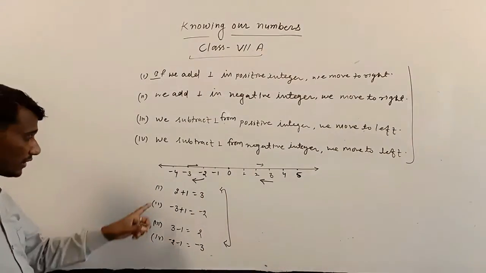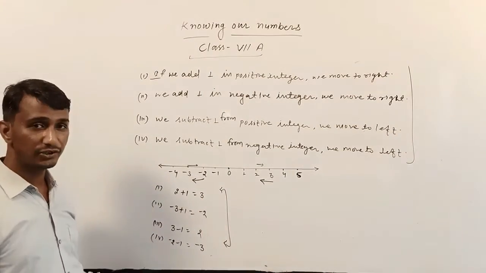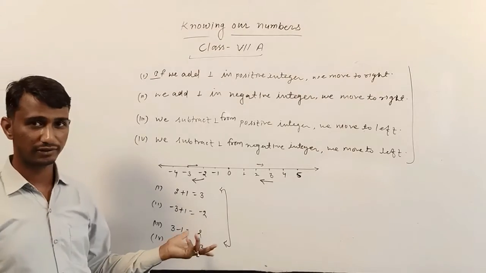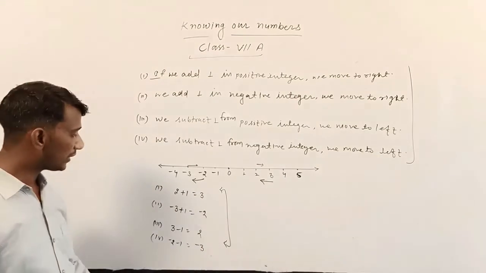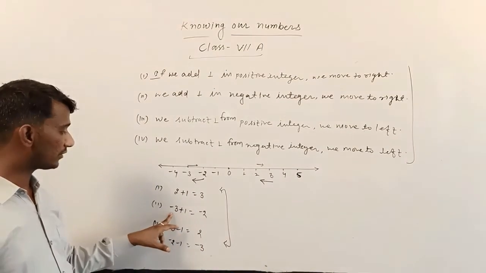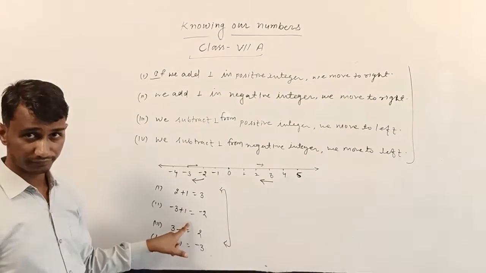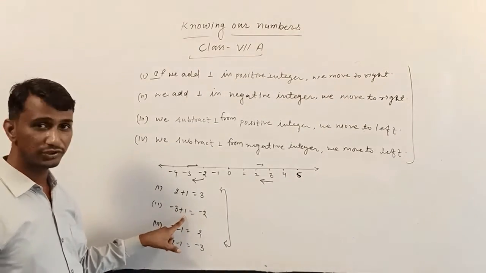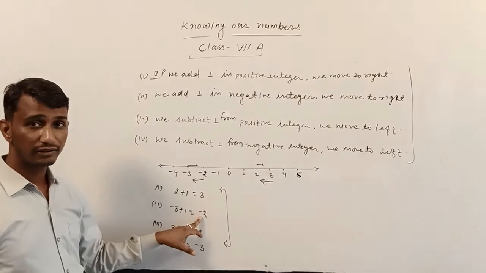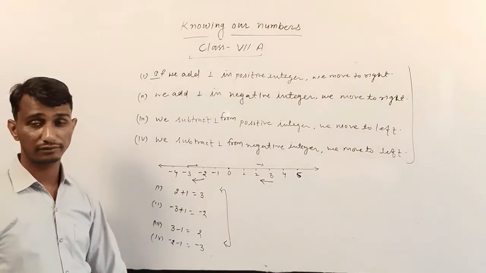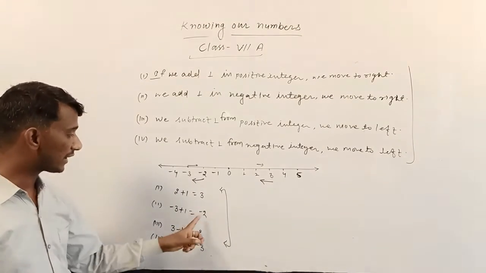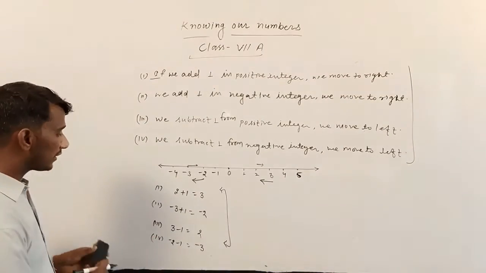These are very important. If we add two positive numbers, the result is also positive. But if we add one negative and one positive, the answer depends on the numbers. Which sign comes here?